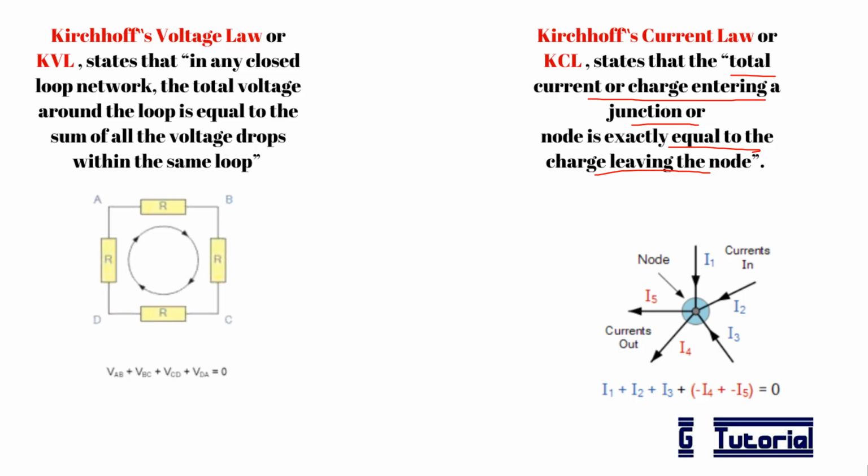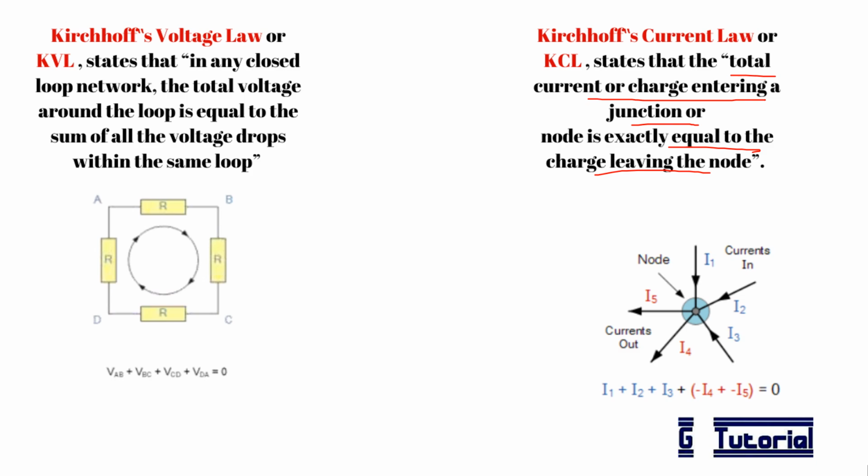That is, the sum of I1 plus I2 plus I3 is equal to I5 plus I4. Or we can write, taking all to the same side, I1 plus I2 plus I3 minus I4 minus I5 is equal to 0. This is what is stated by Kirchhoff's current law, KCL. Total current or charge entering a junction or node is equal to the charge leaving the node.